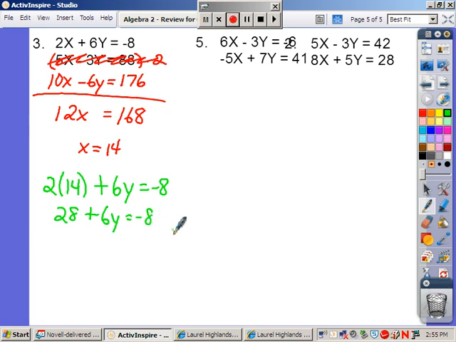So you can see that all I have to do now is simplify a little and I'll have my answer for y. I'll subtract 28 off of both sides, get rid of that, and that leaves me with negative 36. And when I divide, I get y equals negative 6. And so I have enough for my final answer, 14 for x, negative 6 for y.